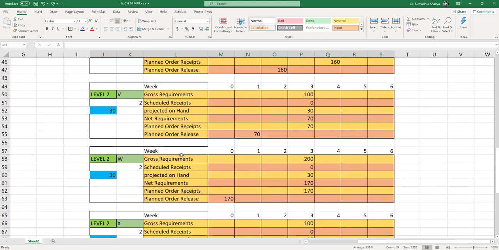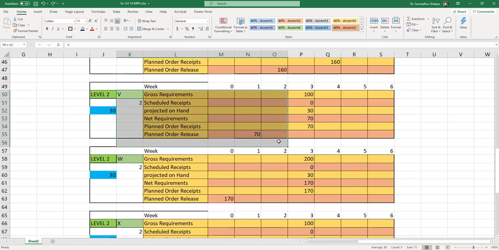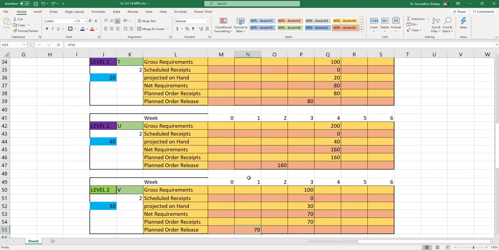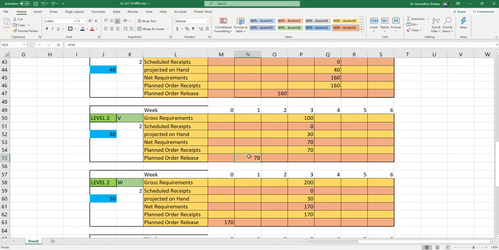For example, let's say we talk about the component V. In order to release the orders of 70 units to be authorized to be made on the floor, somebody in the finance department needs to verify that and make sure that somebody in HR has enough lead time to have a sufficient number of people by the end of this week.